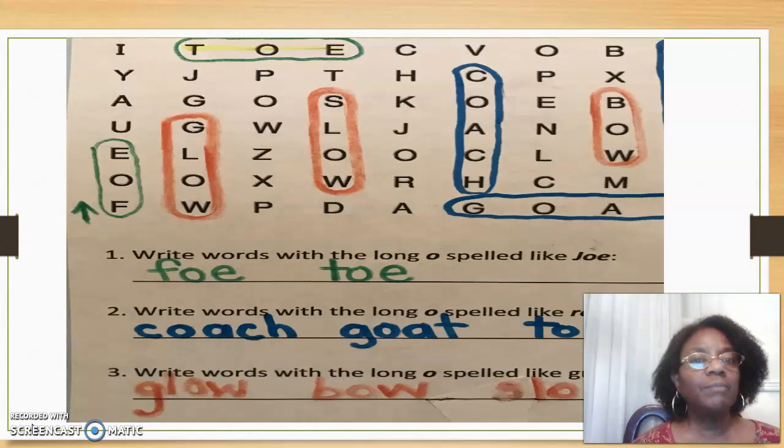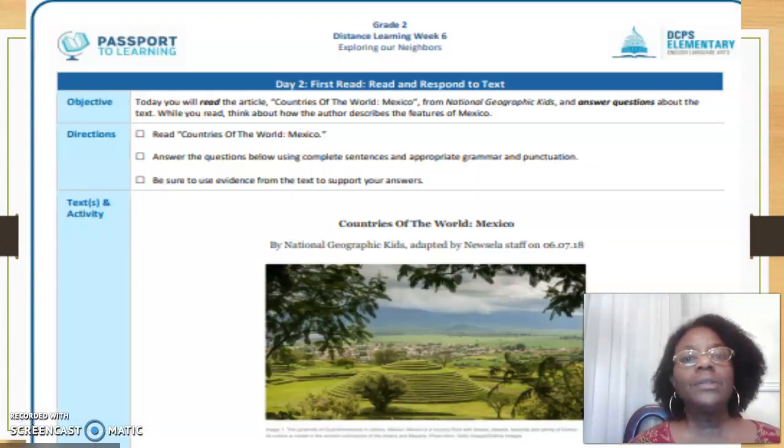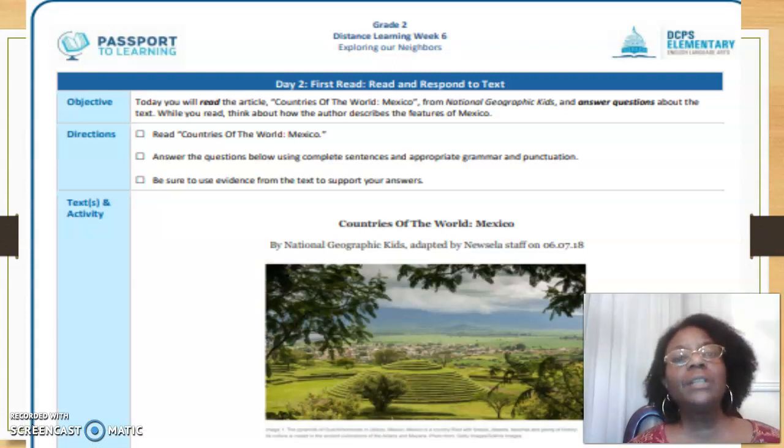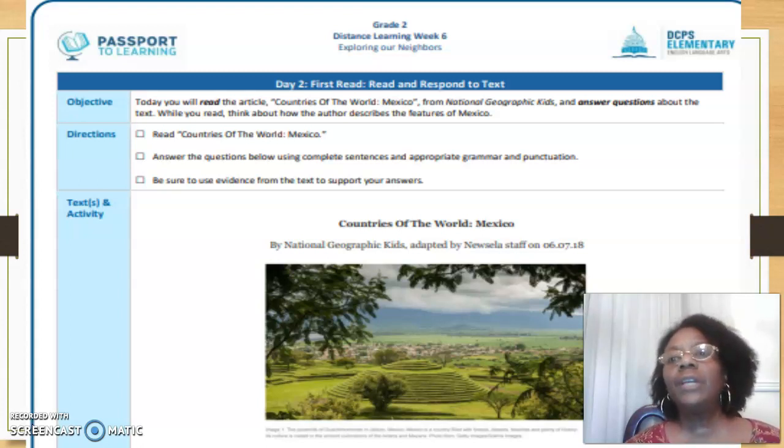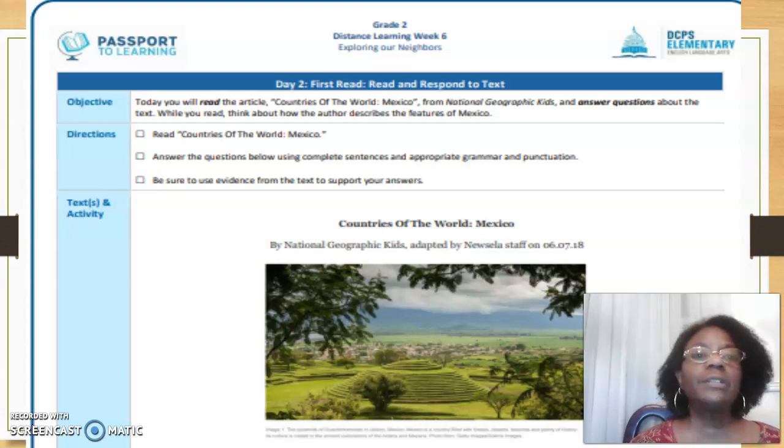All right. So much for the long O sound today. We're going to get into some reading. So today we're going to do a first read and then we're going to respond to the text. So our objective for today is to read the article, Countries of the World, Mexico, from National Geographic Kids, and we're going to answer questions about the text.